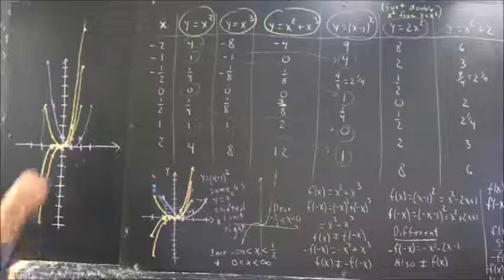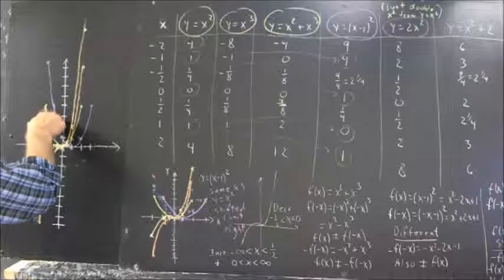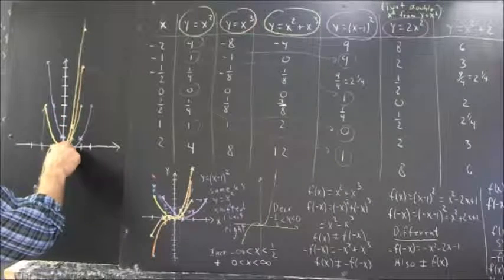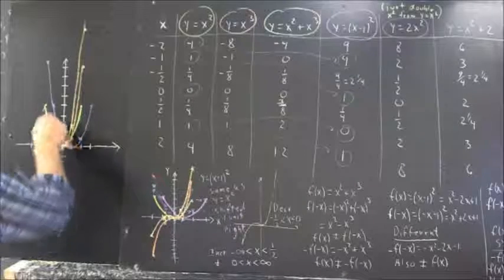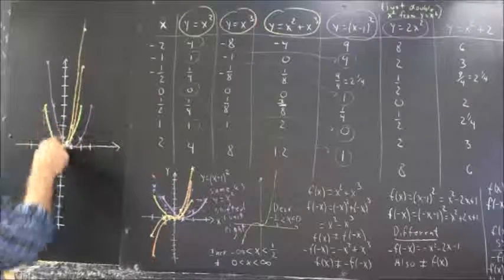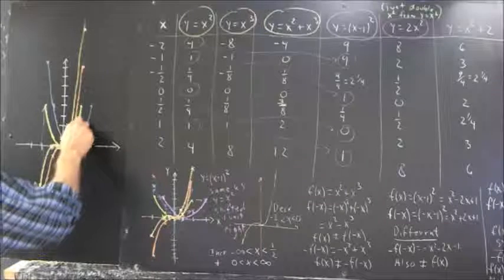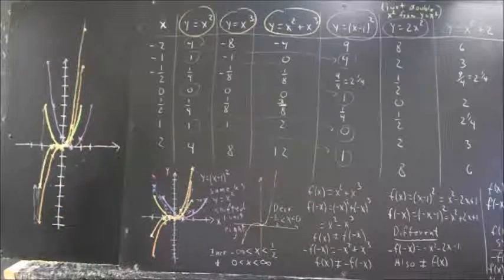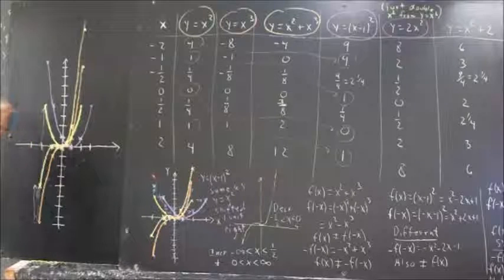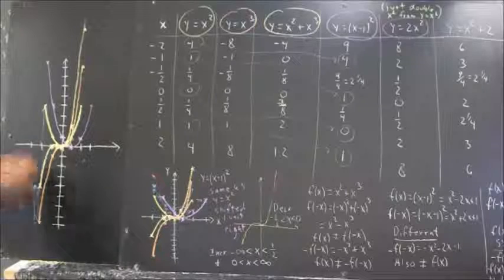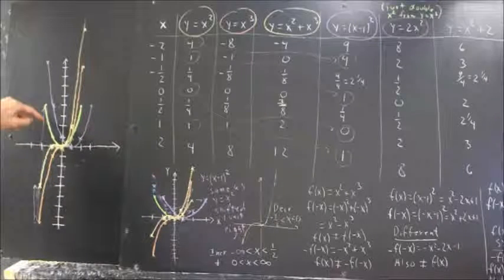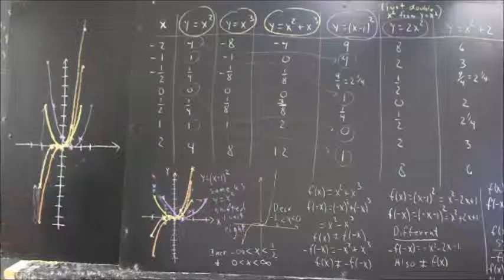Let me make that just a little more prominent, because most of our graphs are based on the x squared graph, although we do have the x cubed graph and the x squared plus x cubed graph that are partially based. Well, the x cubed graph isn't based on this one. And the x squared plus x cubed graph uses both this graph and the x cubed graph.